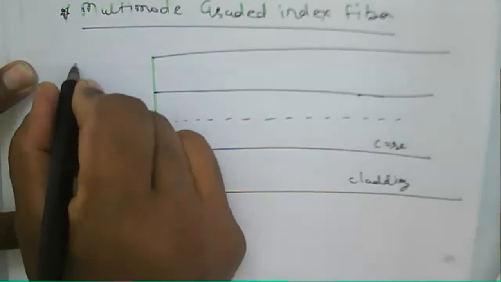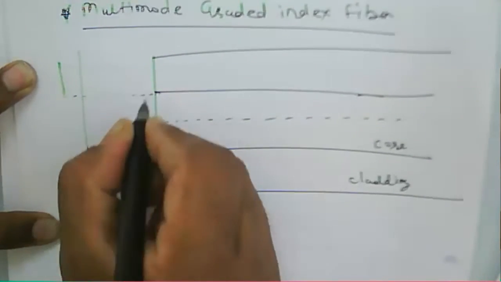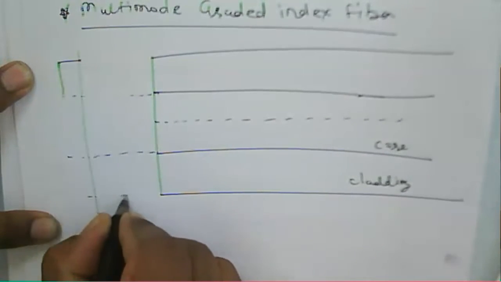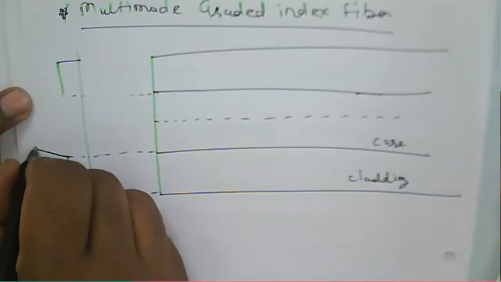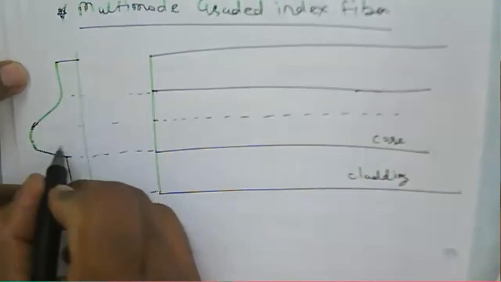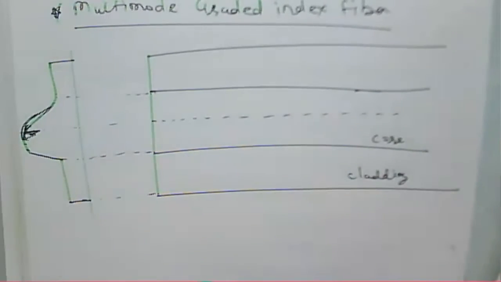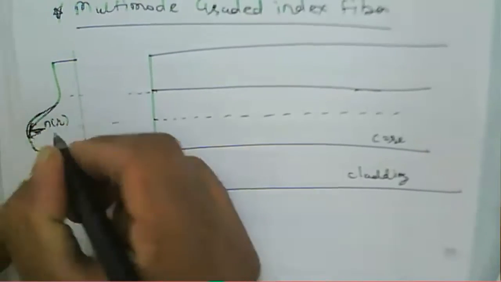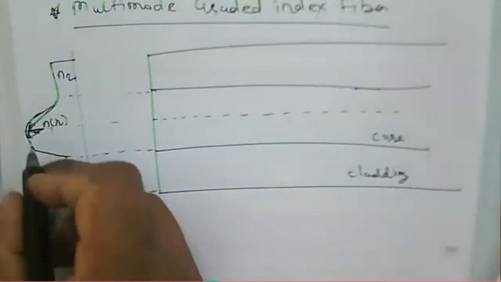Now how does your profile look? Throughout the cladding it is a constant, but in the core the refractive index will be maximum at the center, at this particular axis, just like a parabolic shape. That is n of r, sorry, n1 of r, because this one is n2 now. So n1 of r or n of r.